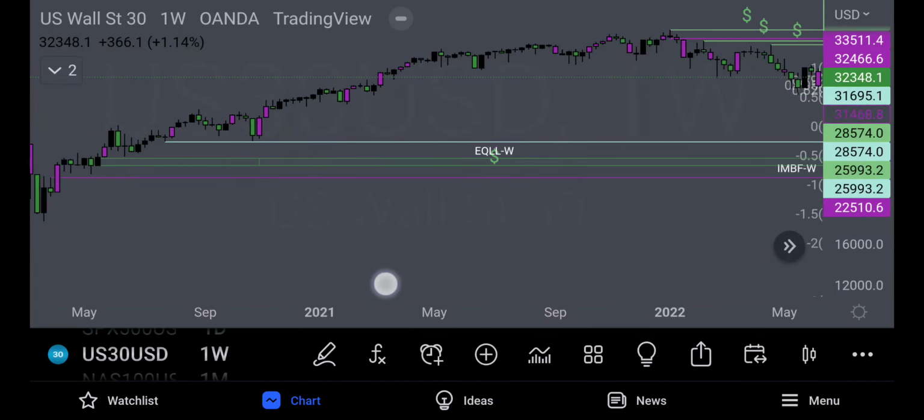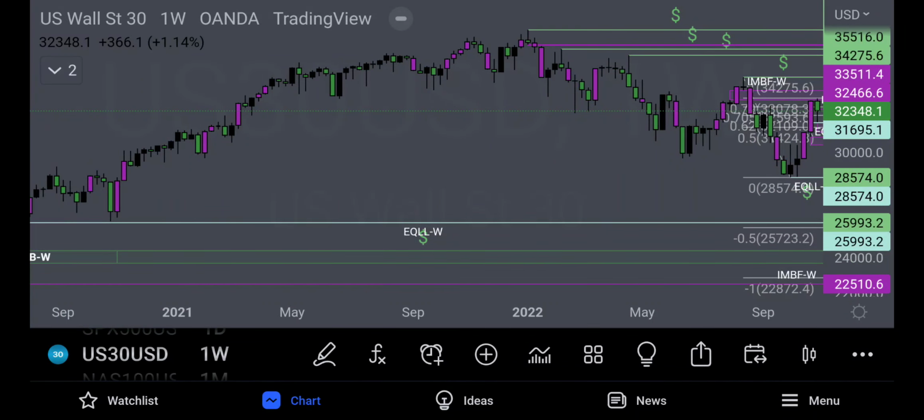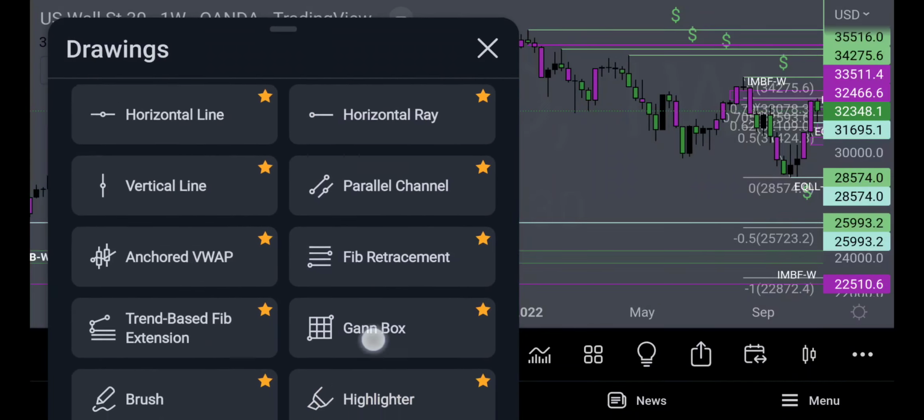We also have this demand right here that has not been touched, and I'll show you that with TradingView here.